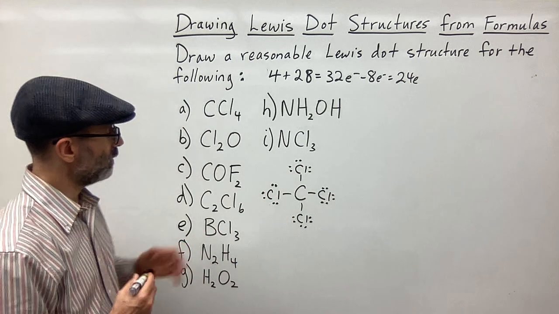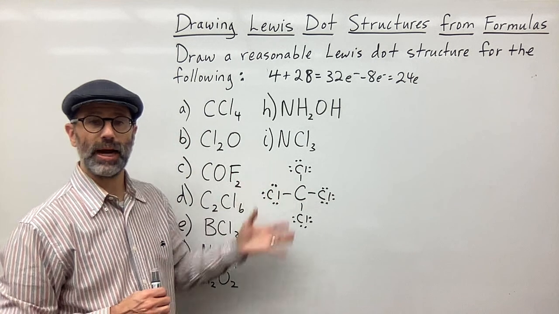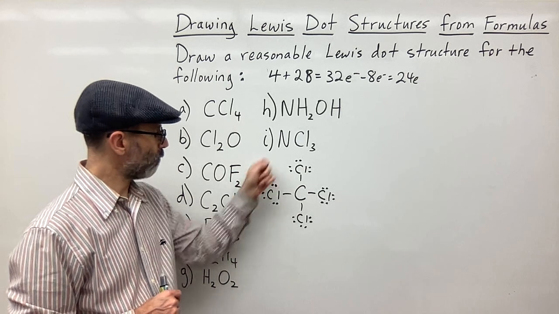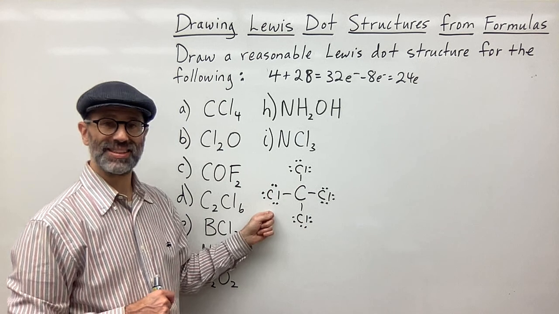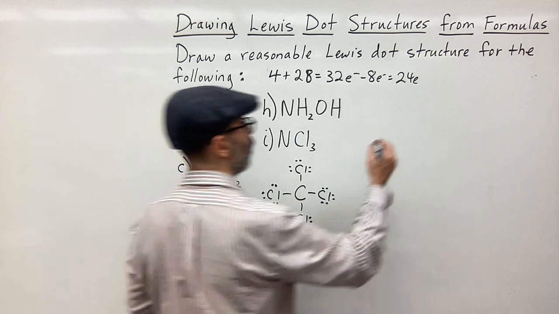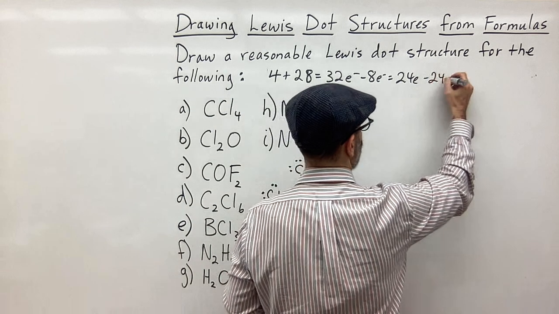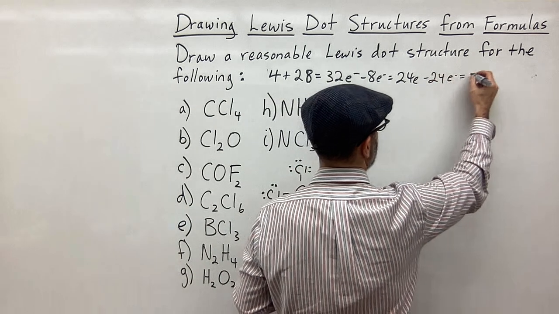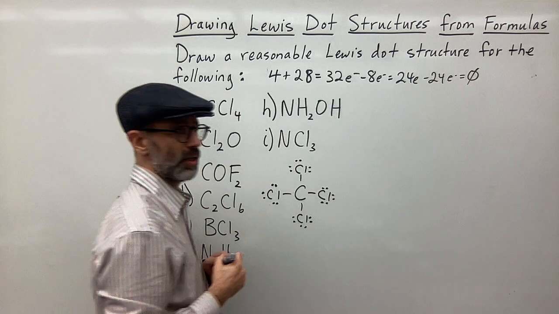Okay, so now that I've added the electrons, I got to subtract that from my total. So I have 4 chlorines. I added 6 electrons each. So 6 times 4 is 24. So I subtract out 24. And I have no electrons left over.